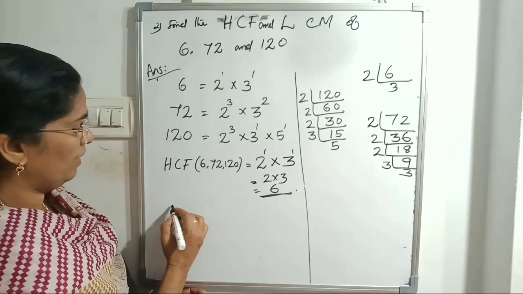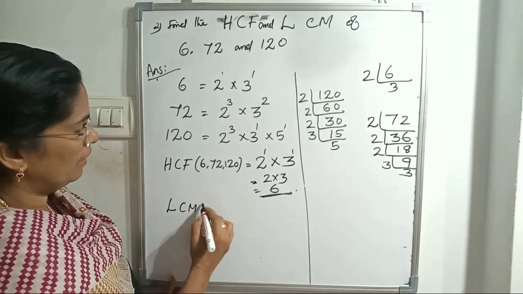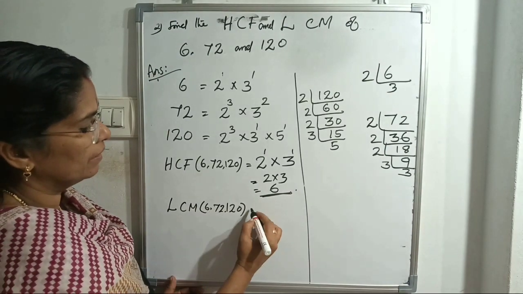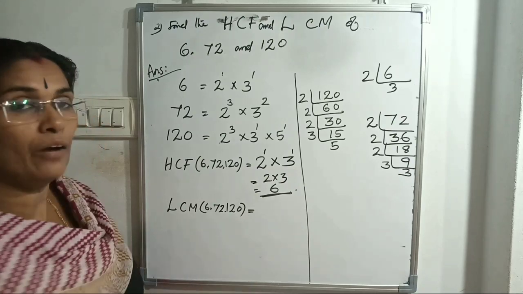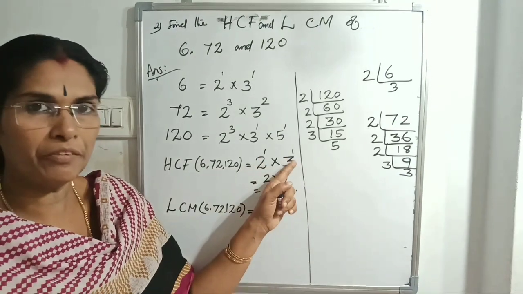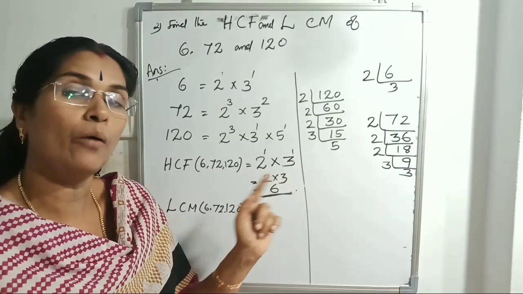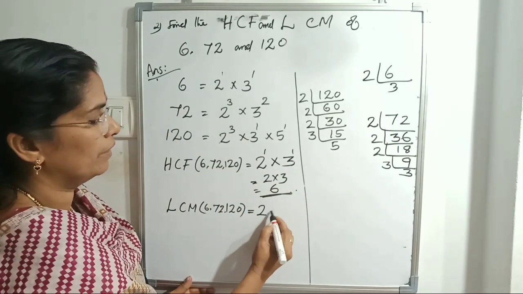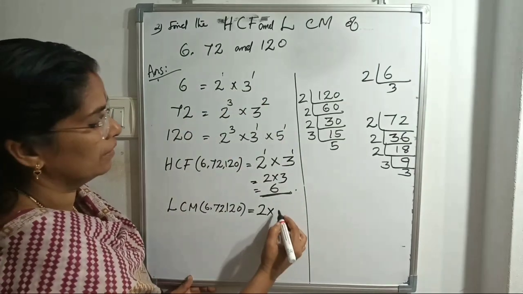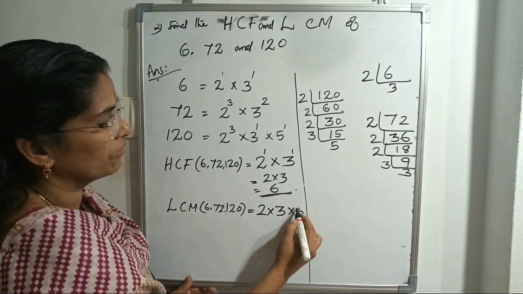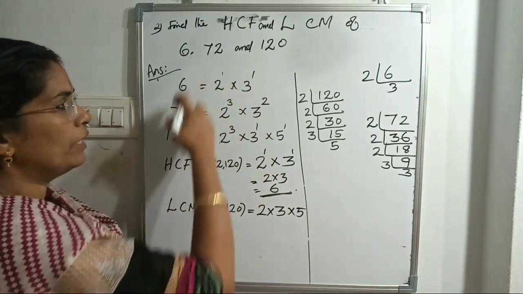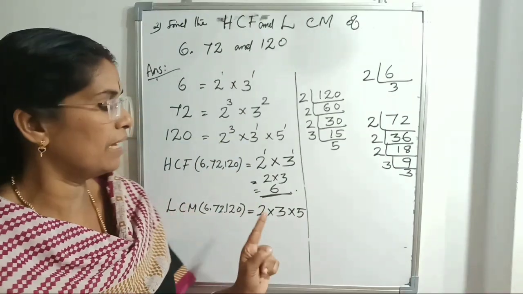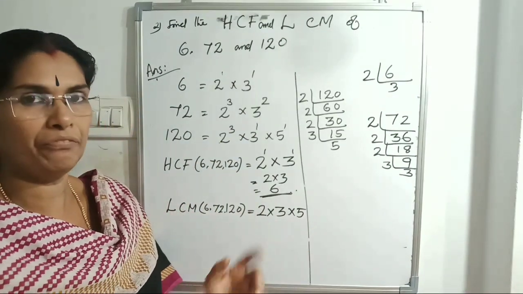Next, LCM. LCM of 6, 72 and 120. Here what do we have to do? Do we want to find common factors like this? No, you have to write all the prime factors: 2, next 3, and one more factor is there, 5. So all together we are checking. Among these, all the prime factors we write: 2, 3 and 5.